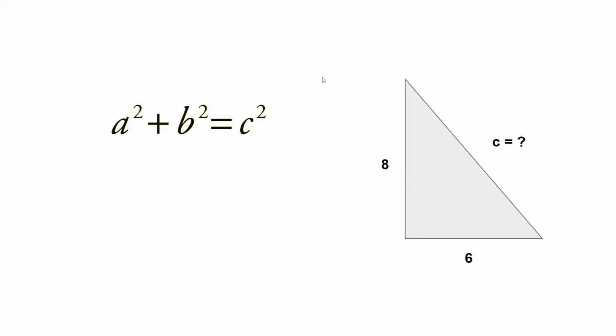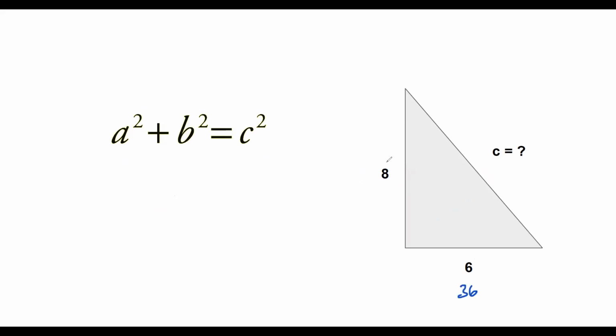Let's look at an instance where we can try to find this long side of this triangle using that relationship. So let me square these short sides again. 6 times 6 is 36. 8 times 8 is 64. So let me label this as A and this as B. Again, it doesn't matter.